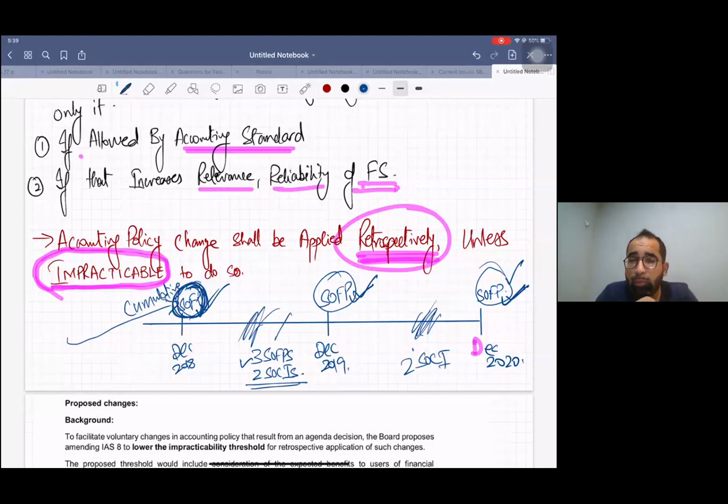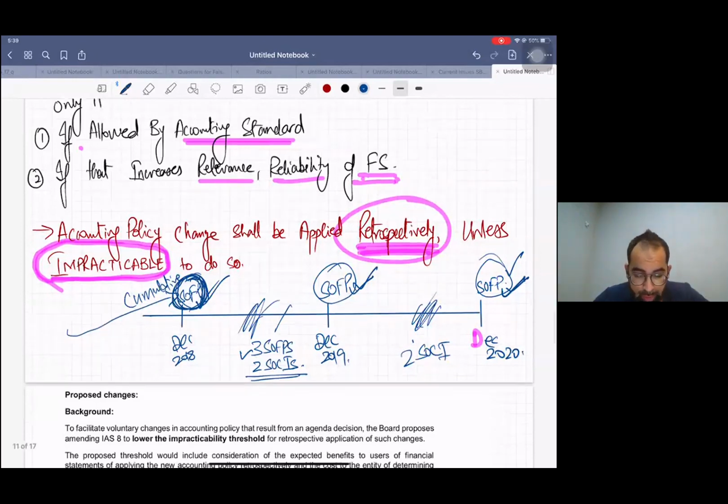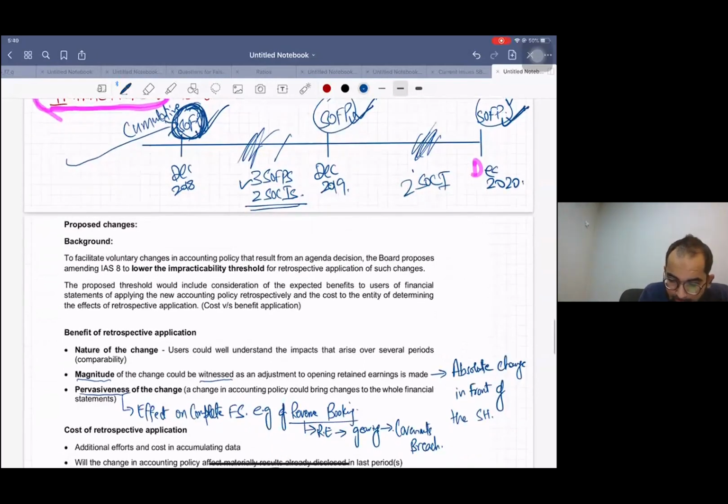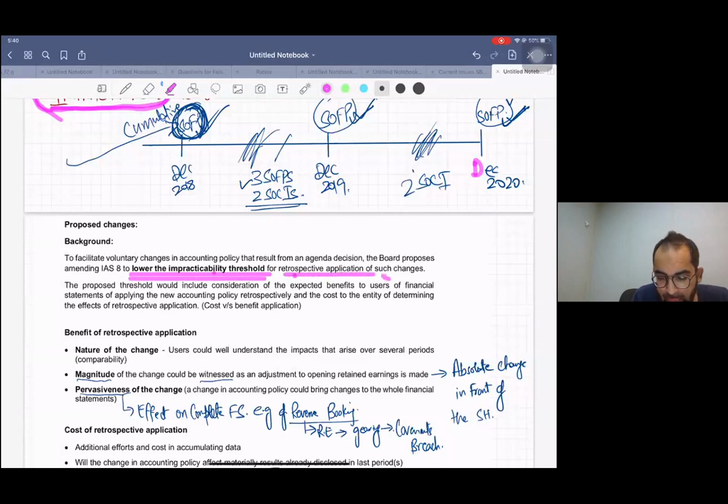Now, what is going to be changed? What is the new proposal by the board? See, this is the proposal. To facilitate voluntary changes in accounting policy that result from an agenda decision, the board proposes amending IAS 8, lowering the impracticability threshold for retrospective application of such changes.